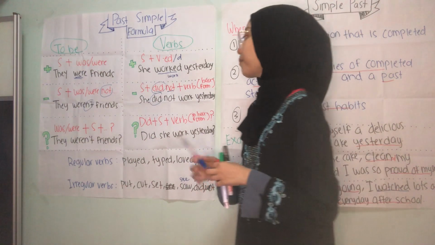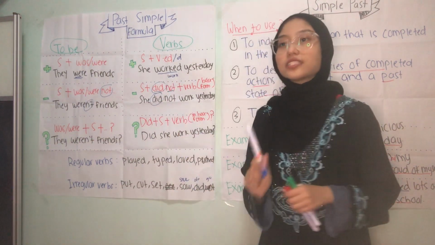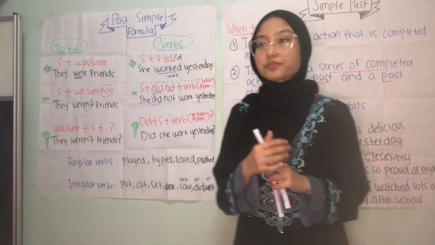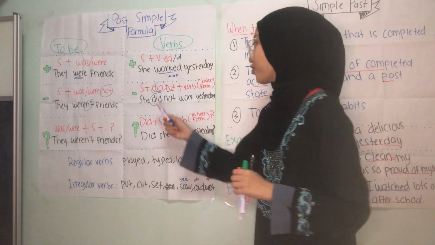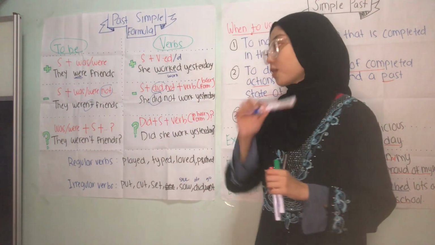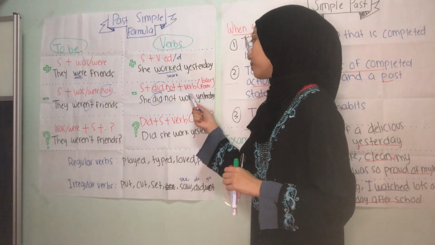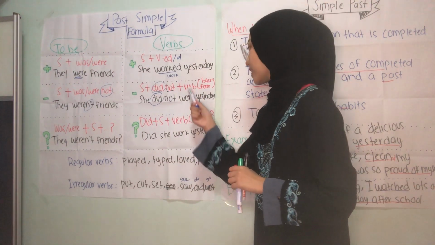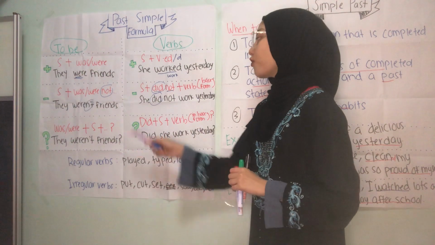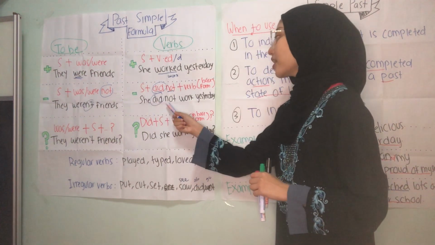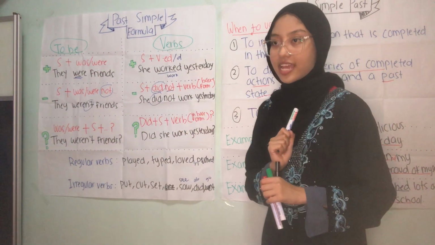Yes, because it happened in the past. The formula is subject plus did not plus verb, and the verb needs to be in its base form. For example, she did not work yesterday.